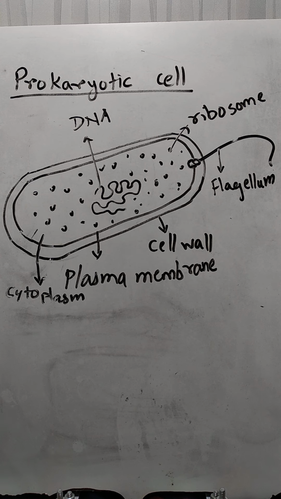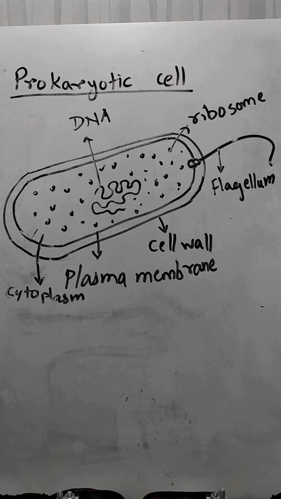The membrane-bound organelles are mitochondria, plastids, Golgi apparatus, endoplasmic reticulum, lysosomes. All these are membrane-bound organelles. We have not labeled them for the prokaryotic cell because they are absent in prokaryotic cells. We have just labeled ribosome and cell wall over here. Why? Because ribosome and cell wall are not membrane-bound organelles. I hope it is becoming clear to you.